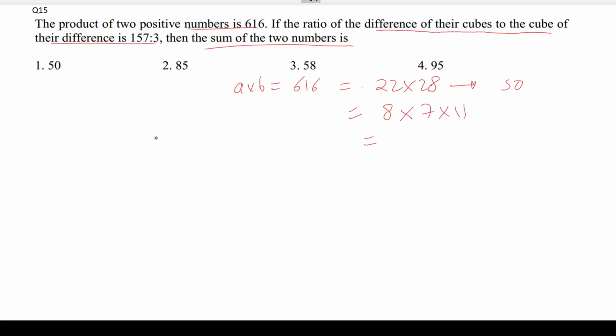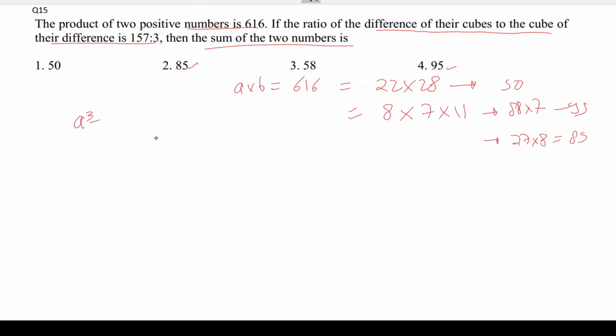So it can be 88 into 7, that will be 95, which is also in the option. And 77 into 8, that is 85, which is also in the option. So right away we cannot mark 50 as answer. We need to check it.